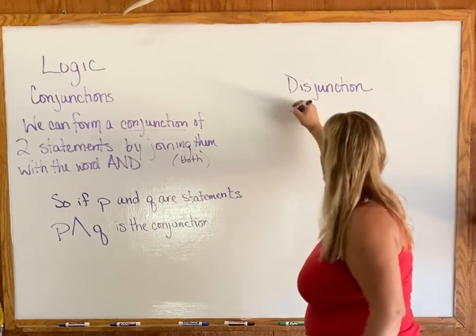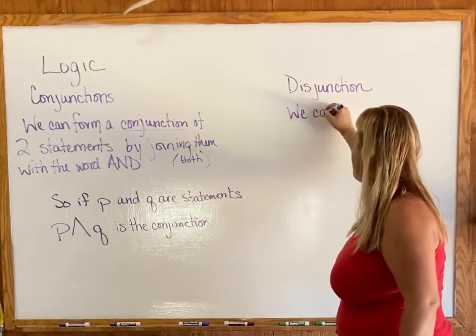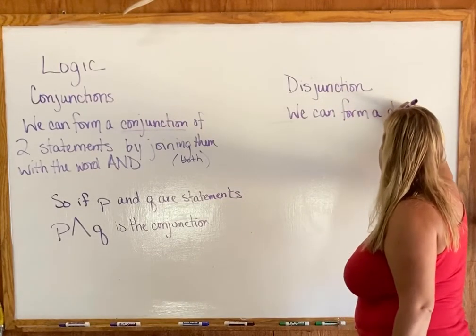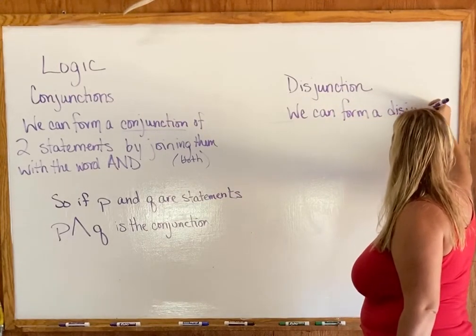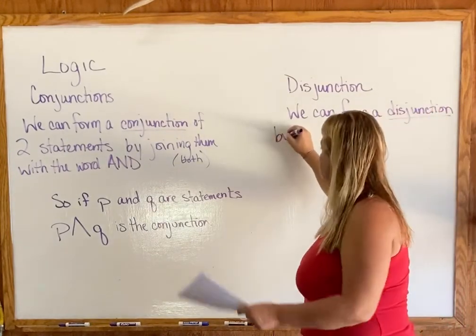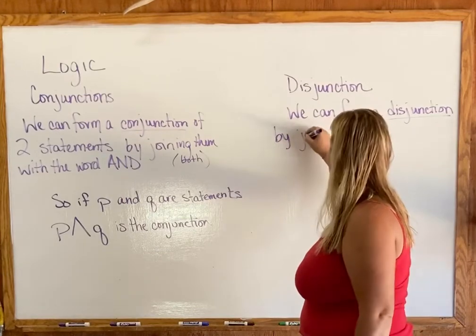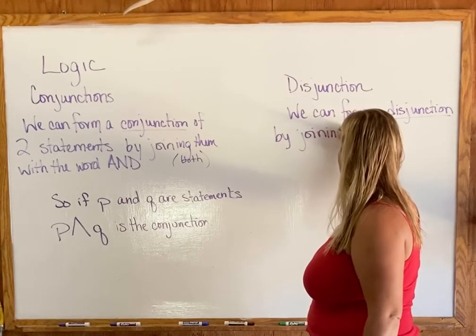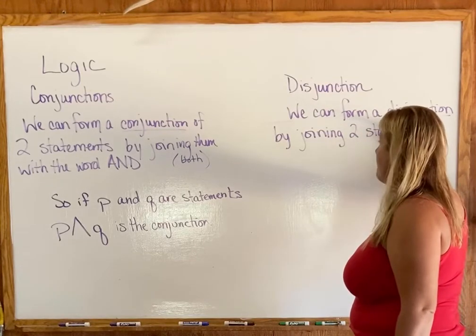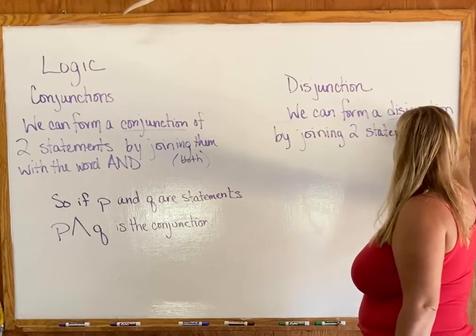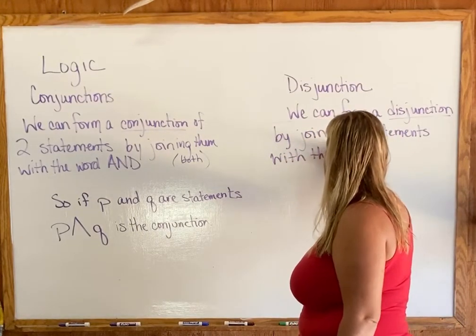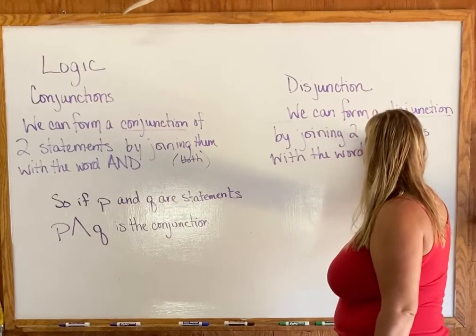So this says we can form a disjunction by joining two statements with the word or.